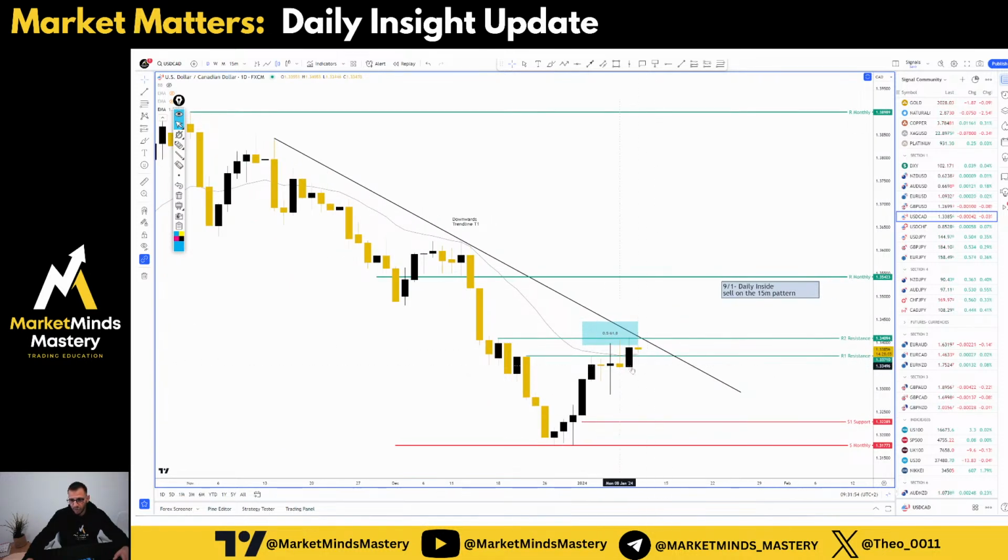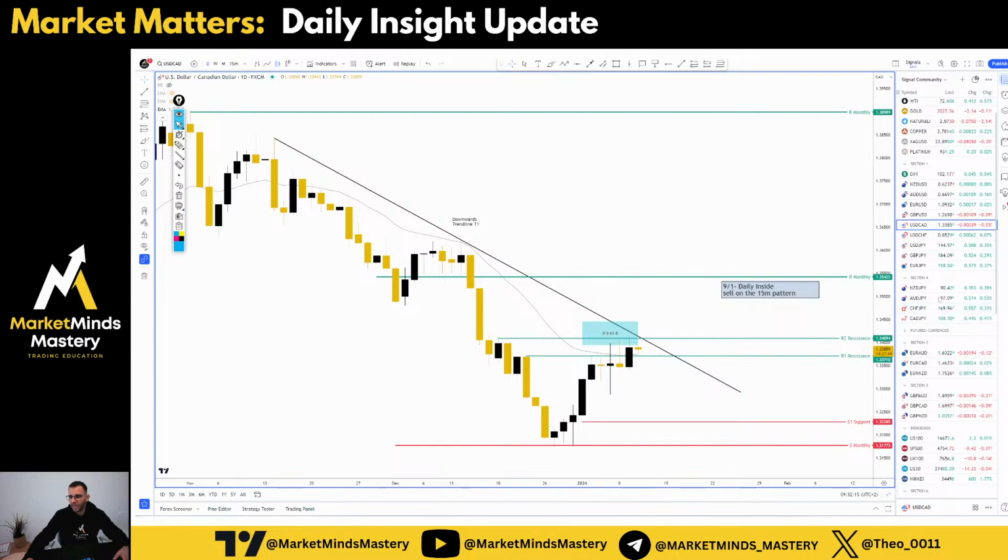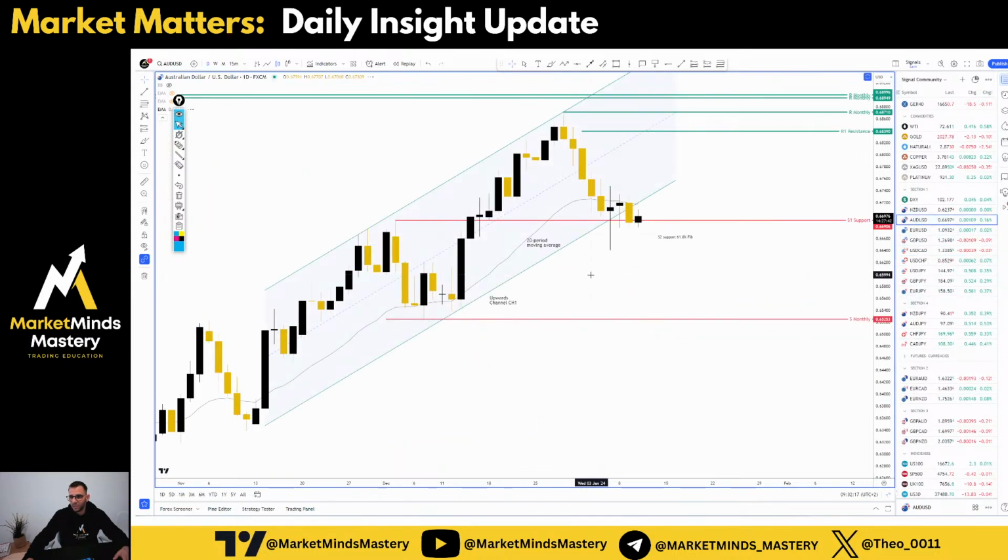I'm still bearish on this one because the price is still below this downward trend line. Couple of resistance, Fibonacci resistance as well. So we see what's going to happen. But mainly the focus, I believe, should be on the Japanese yen pairs. Okay. Australian dollar at support against the US dollar.